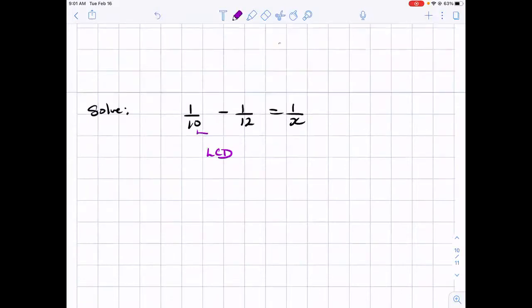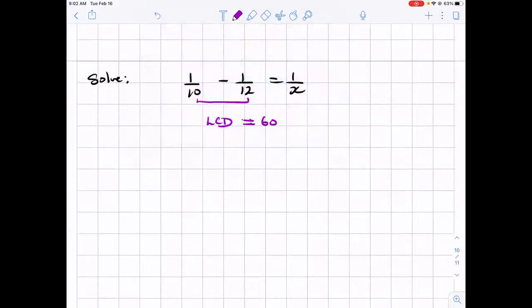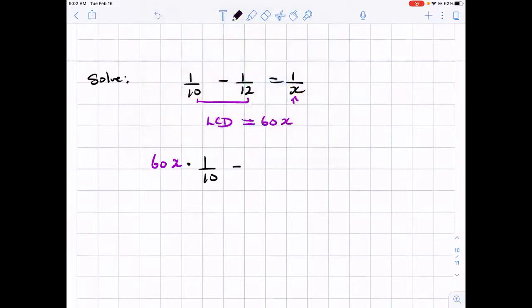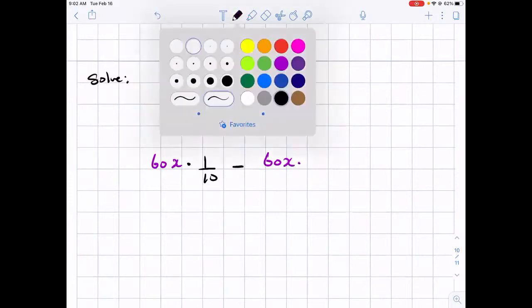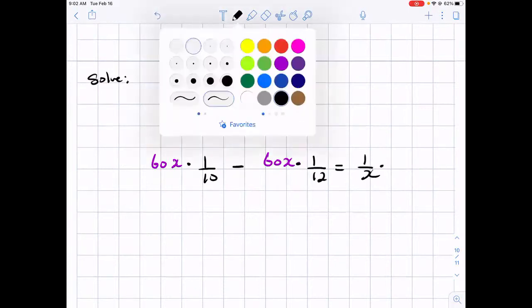The lowest common denominator between 10 and 12 is 60. We have x, so the lowest common denominator is 60x. If we multiply every single term by 60x, we have 60x times 1 over 10 minus 60x times 1 over 12 equals 1 over x times the 60x.